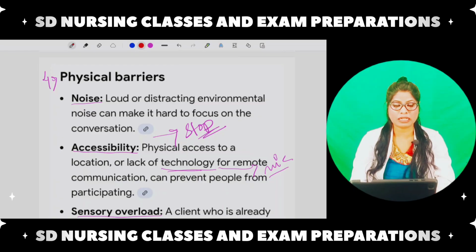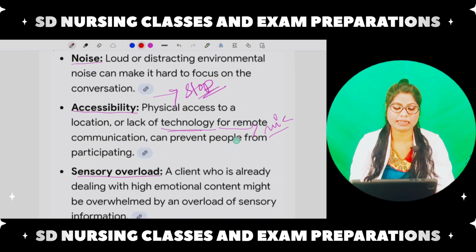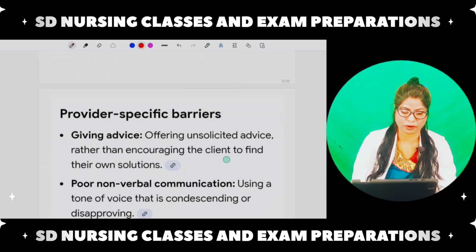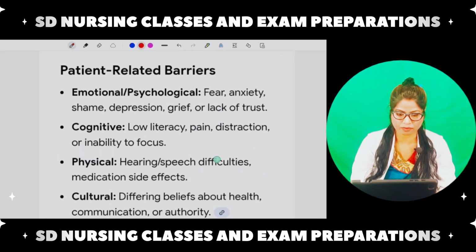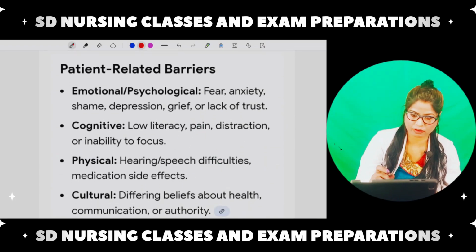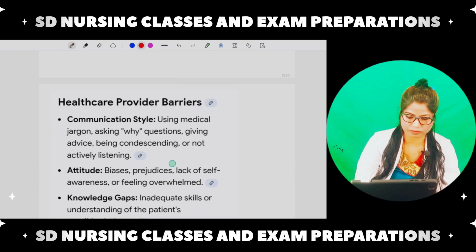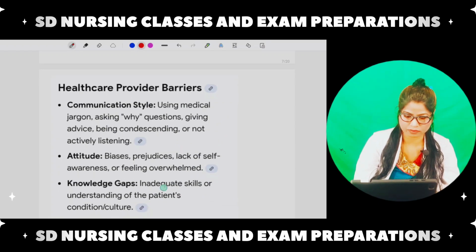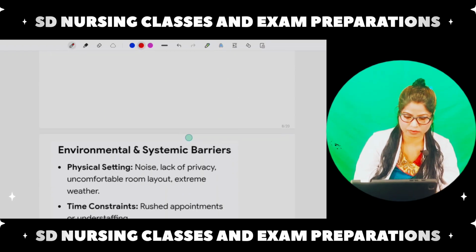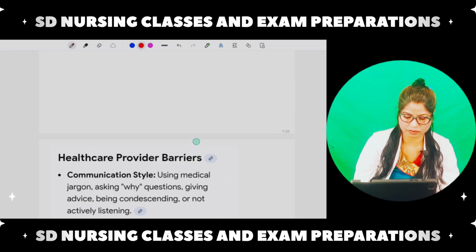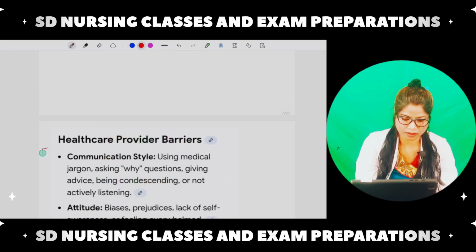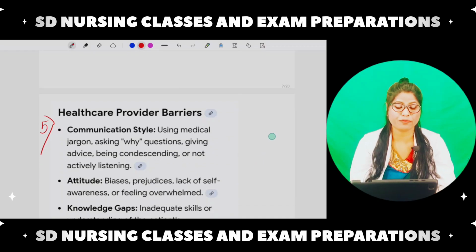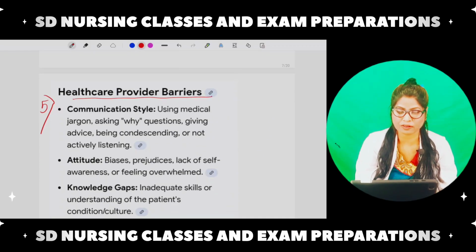So these were the physical barriers: noise, accessibility, sensory overload. Then we will see the fifth one. Fifth, healthcare provider barriers.